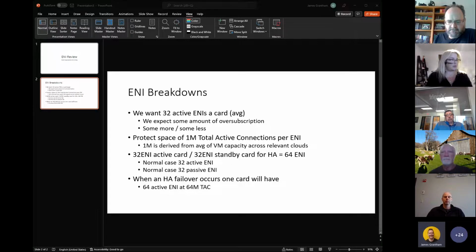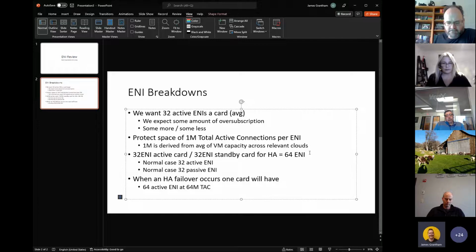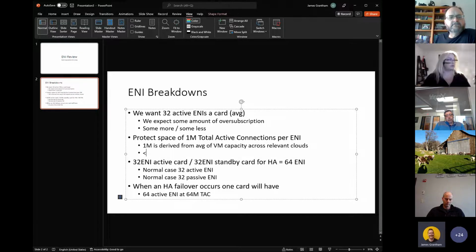If you wanted one super duper ENI for whatever reason, and there are valid scenarios for that, a stipulation here would be that some large ENI sizing may consume total capacity.